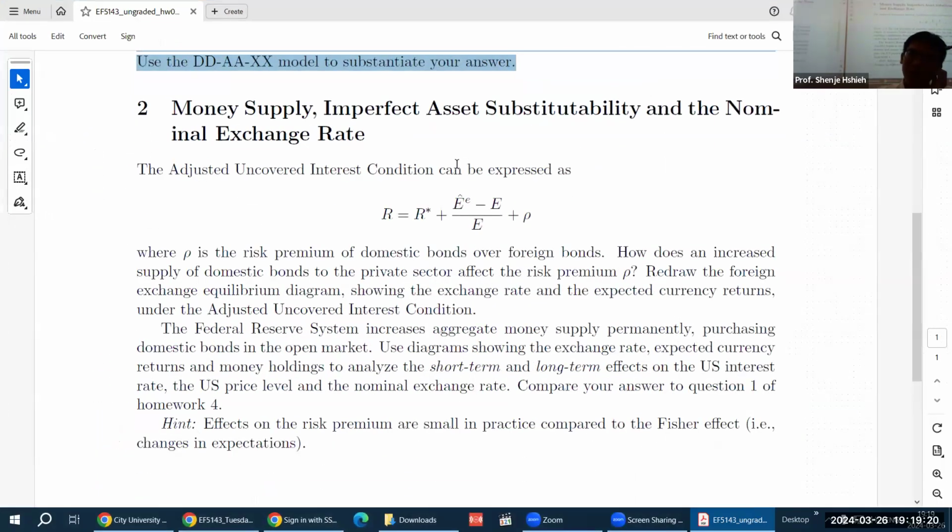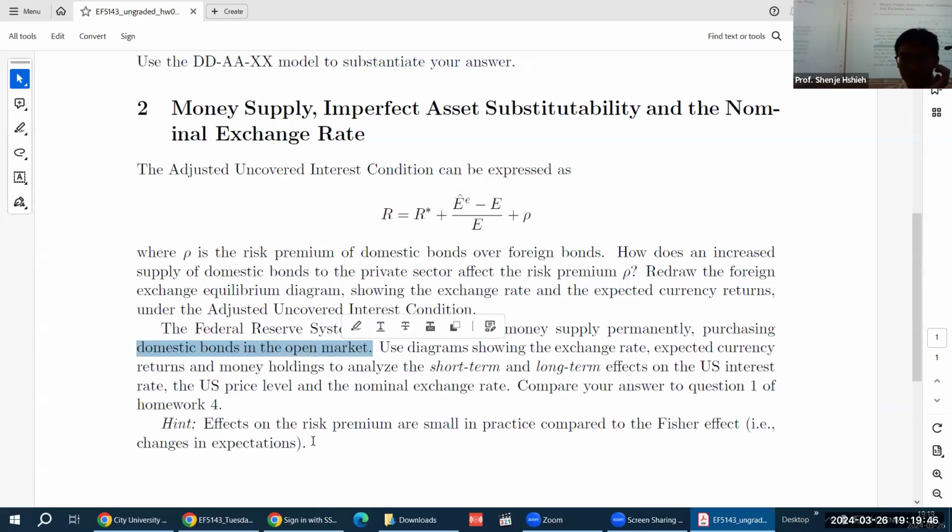Number 2, the adjusted uncovered interest rate condition can be expressed as the following. We know this. It's just the risk premium now as a function of privately held domestic bonds, right? And now we want to show the Federal Reserve increases the aggregate money supply permanently, and they're going to purchase domestic bonds in the open market.